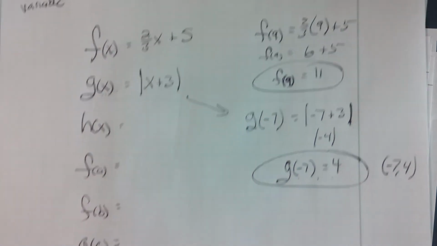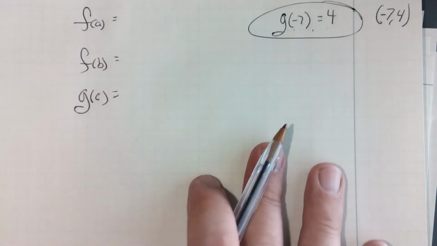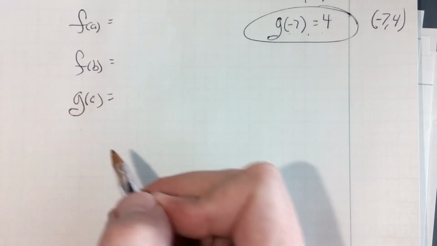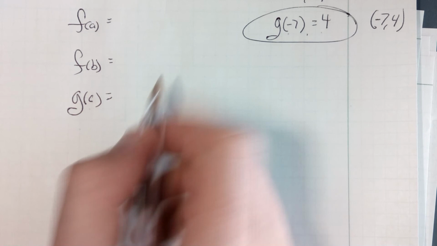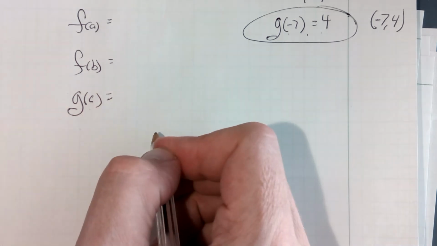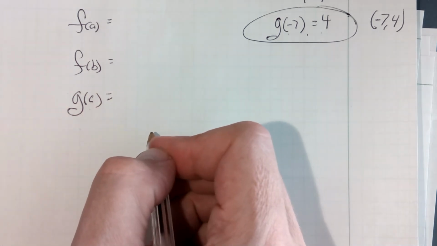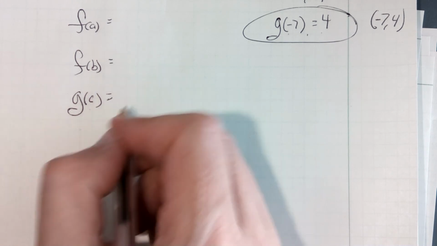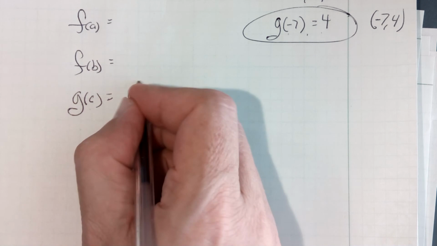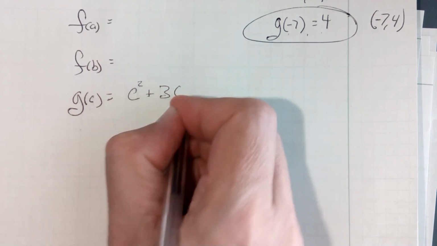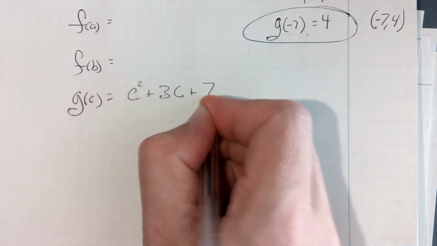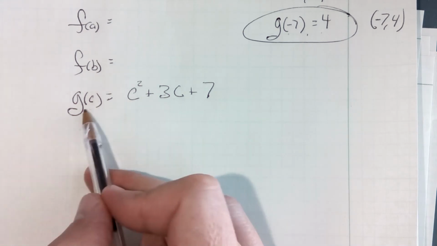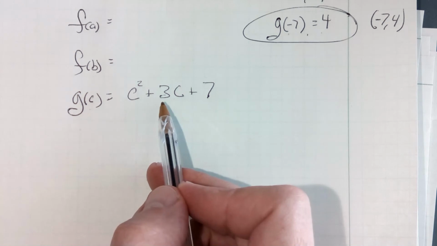Now let's do another one, and I'm running out of room, so let's jump down here at g of c. I've chosen c to be my independent variable. I'm going to do a quadratic function, something that you were introduced to at the very end of last year. Let's say g of c equals c squared plus 3c plus 7. This is a quadratic where c is now our independent variable. You might want to rewrite it with x's, but again, a variable is a variable.